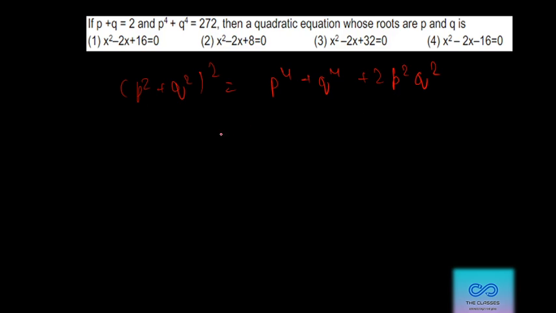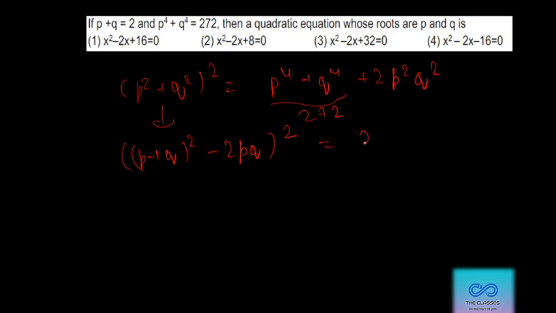Its value has been given to us, because p to the power 4 plus q to the power 4 is 272. And p square plus q square we can write as (p plus q) whole square minus 2pq.